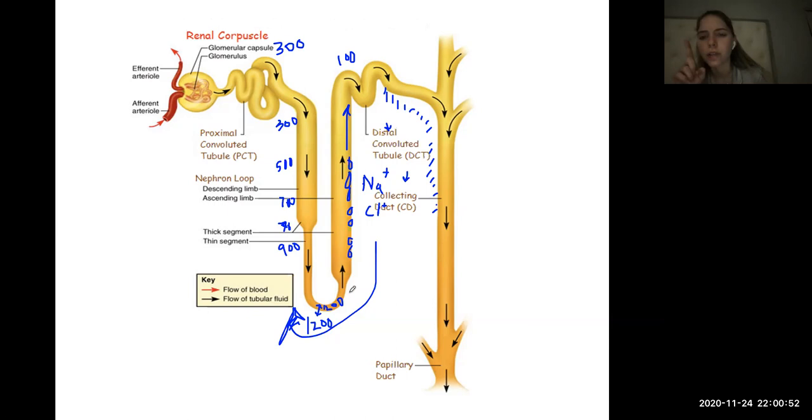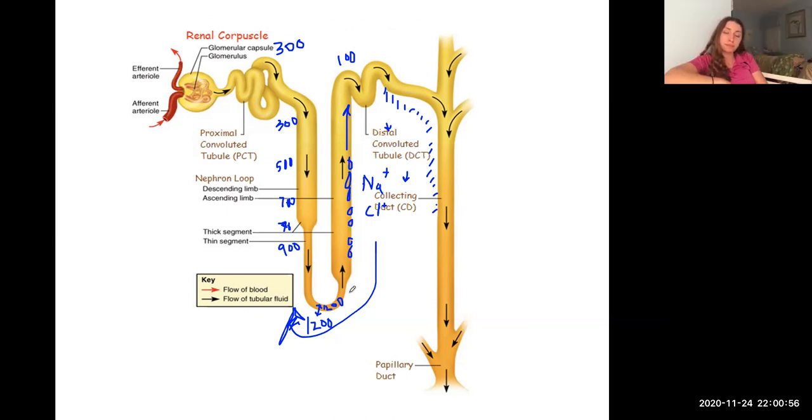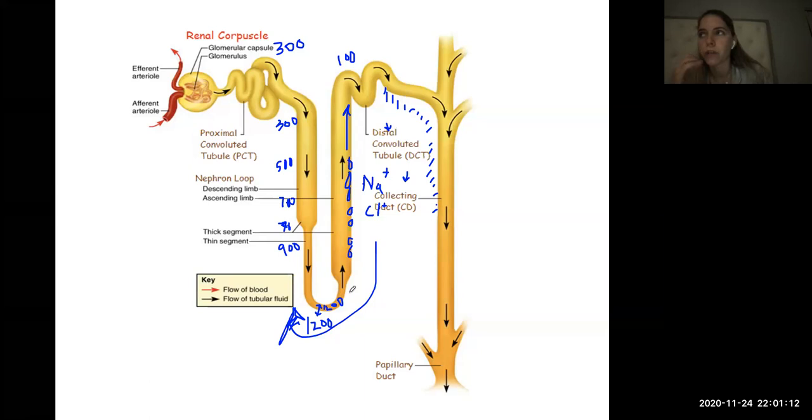Oh, ADH is the one that makes you thirsty. Yeah. Okay, low blood pressure. Think about how you would increase that blood pressure. ADH would reabsorb the water, and by putting more water in, you will elevate the blood pressure.